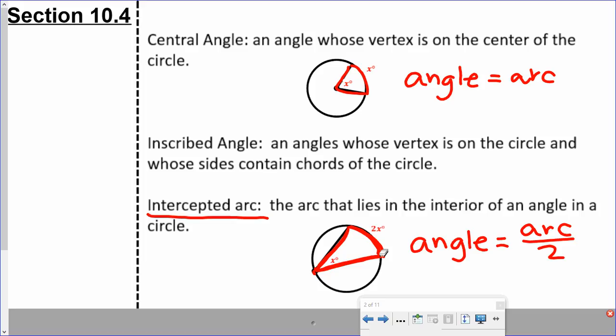Or if you want to write an equation in terms of the angle, so the angle is going to equal the arc divided by 2. Okay, because the arc in an inscribed angle is always 2 times bigger than the angle.